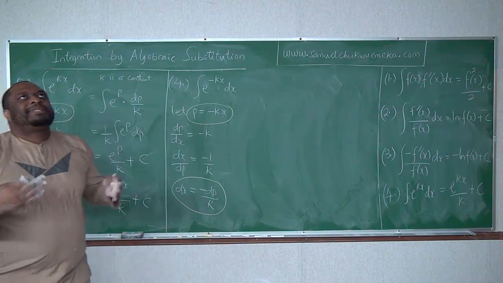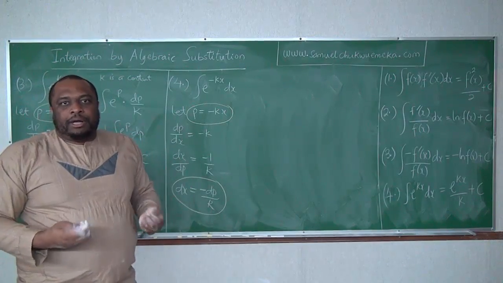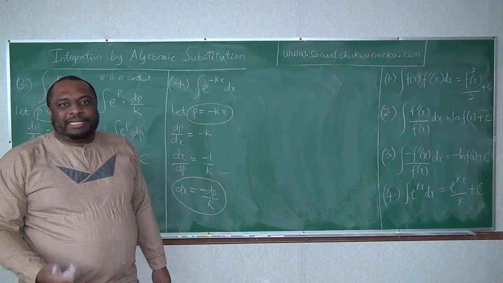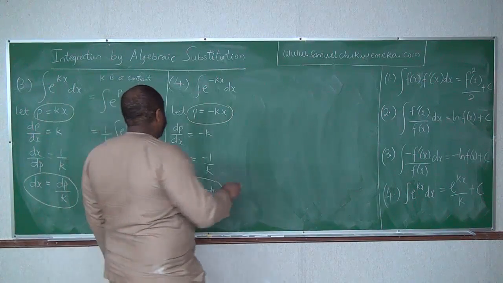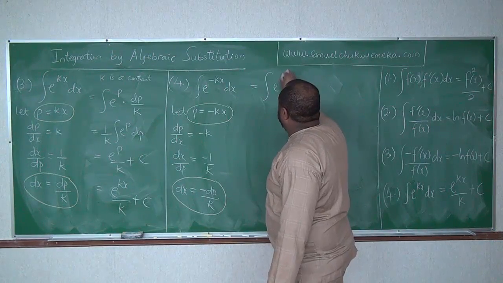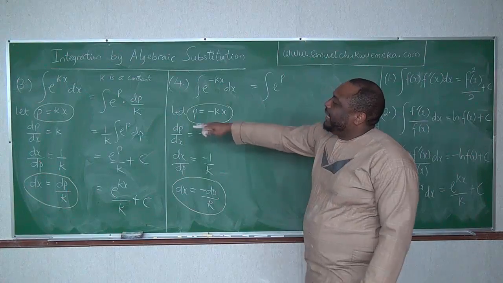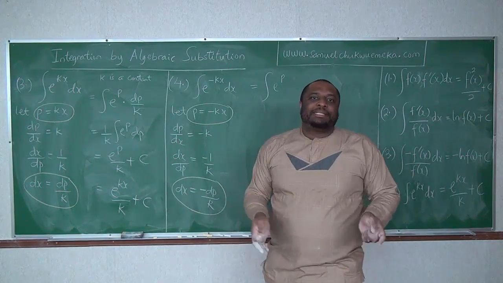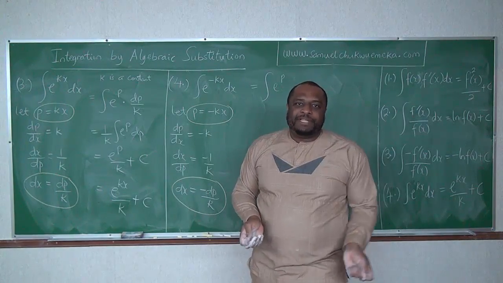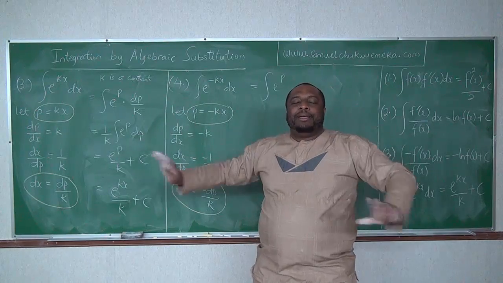We want to substitute in a way that is easier for us to solve. That is the essence of algebraic substitution. So this will give us the integral of e to the p, because the integral of e to the x dx gives you e to the x, from derivatives and basic integrals.